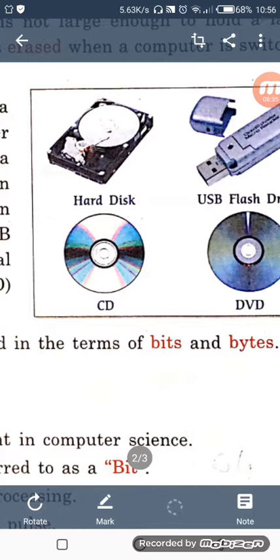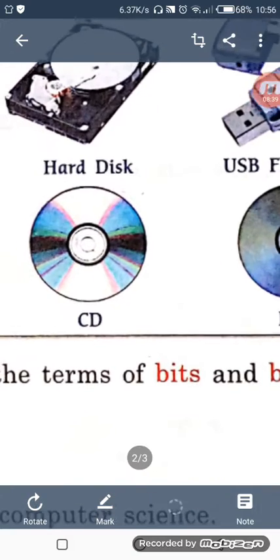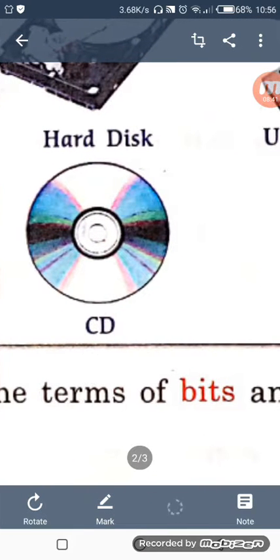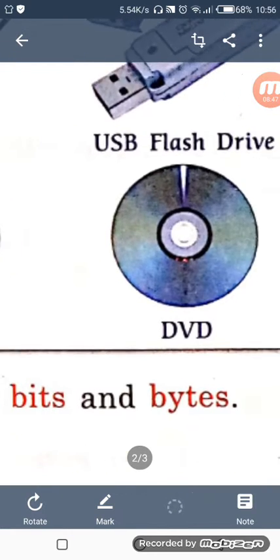In CDs, the metal or recording layer is present at the top, but in a DVD, the metal or recording layer is present in the middle of the DVD.